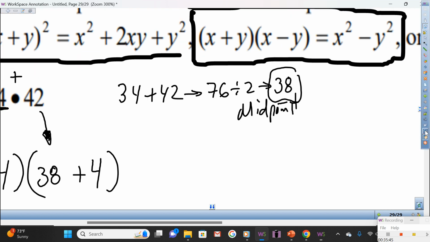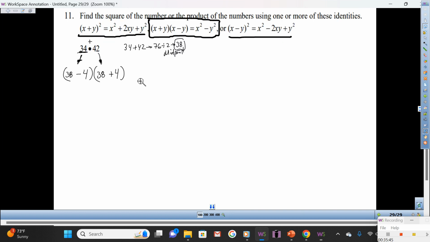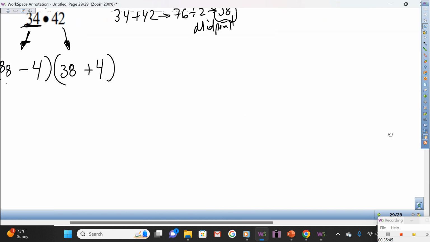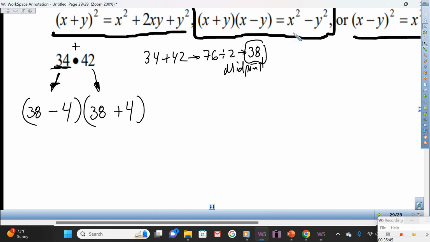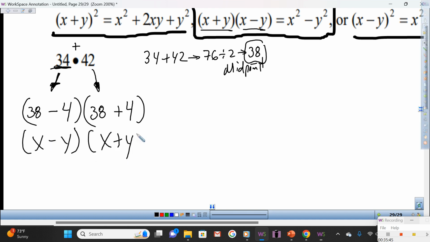So let me zoom out. All right, here we go. So look, we have x plus y, x minus y. Do you guys see it here? Yeah, so I'm going to write x minus y, x plus y, and that is equal to what? x² − y². So, instead of x, what would we write, Brandon Felix?